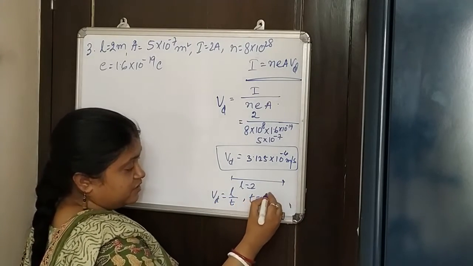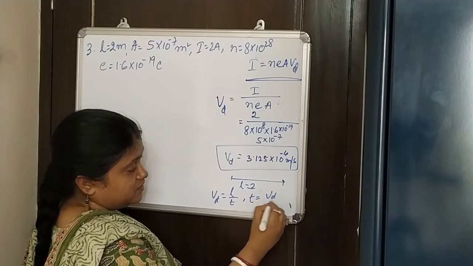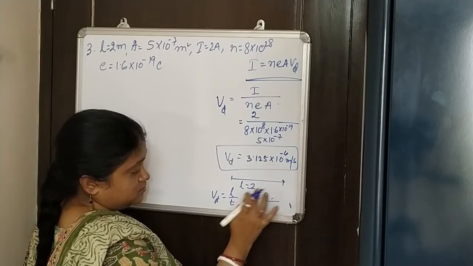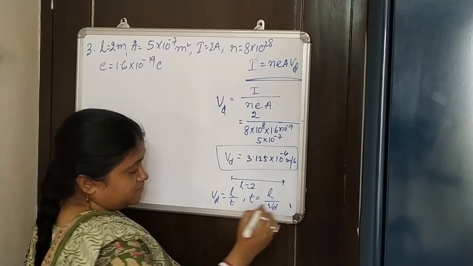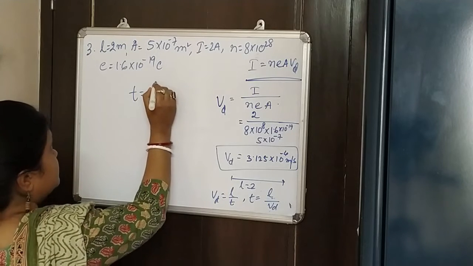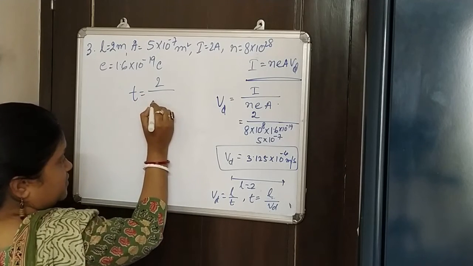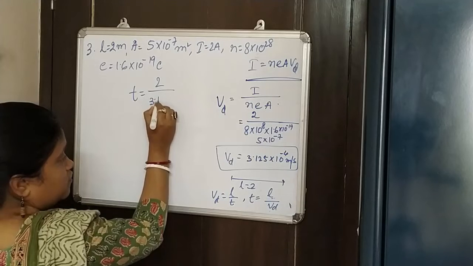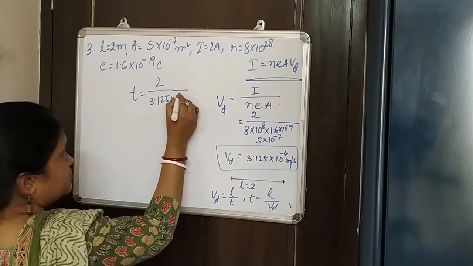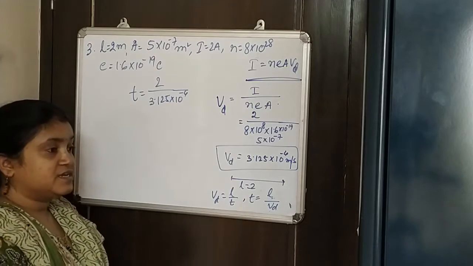Therefore time will be L by Vd. So once I substitute, my length is given as 2 and velocity is 3.125 into 10 power minus 4 meter per second.